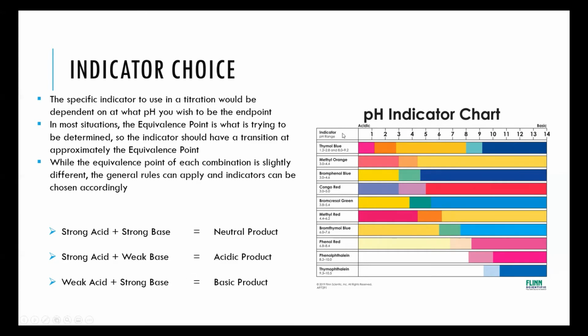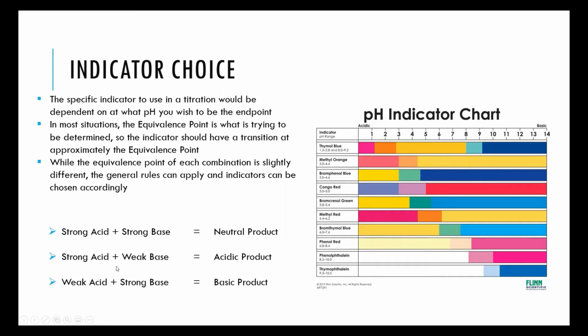And that can generally tell you what indicators you could choose from. A strong acid and a strong base will always produce a neutral product. So something along the lines of thymol blue would probably be pretty good.